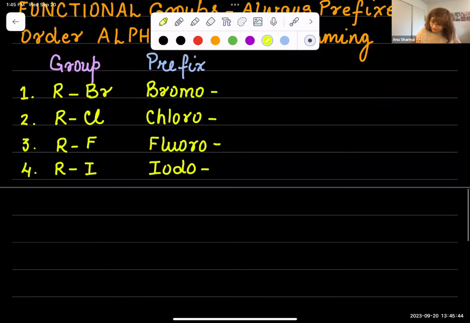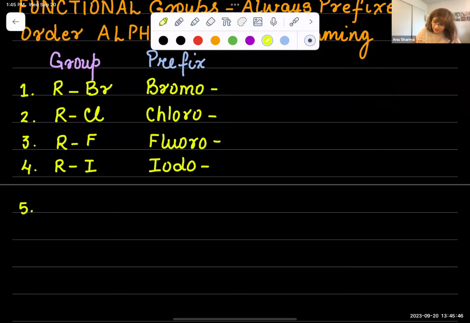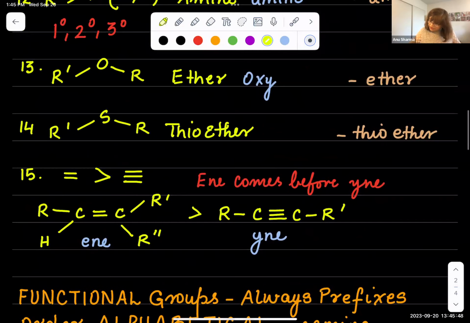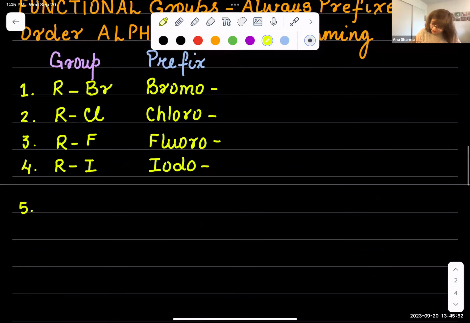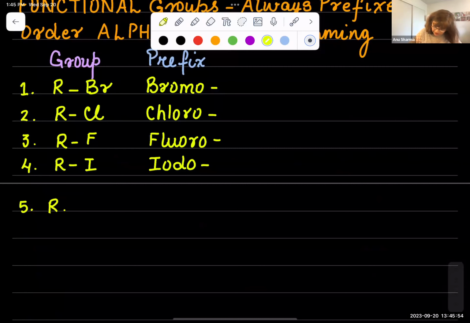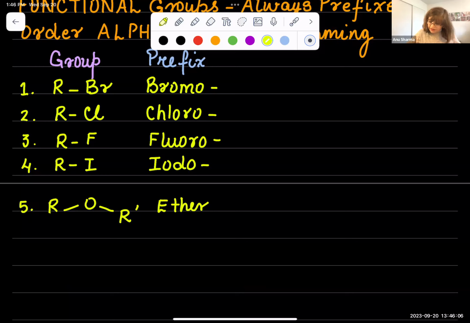Next after that come the ethers. Like I said, the ethers will just remain ether. So the ether is oxygen and then R dash. Here the ether is ether, and this is also called alkoxy, A-L-K-O-X-Y.